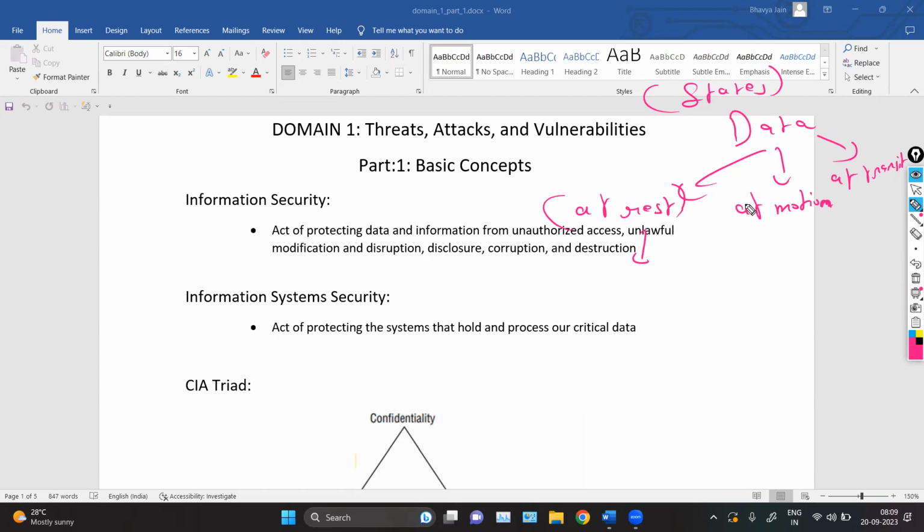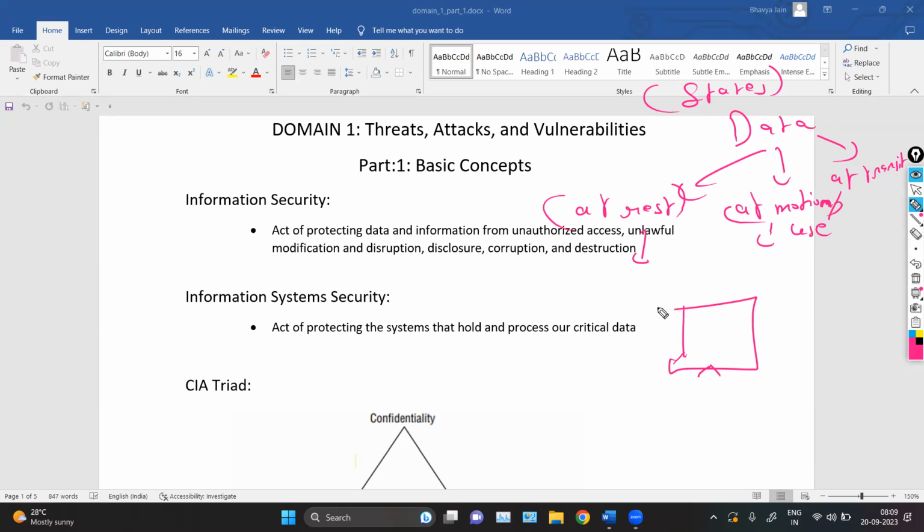Okay. Now, then we have data in motion. Data in motion is whenever we are using the data, or we can say data in use. Let's say there's a system, and inside the system you are using some data for your own use.